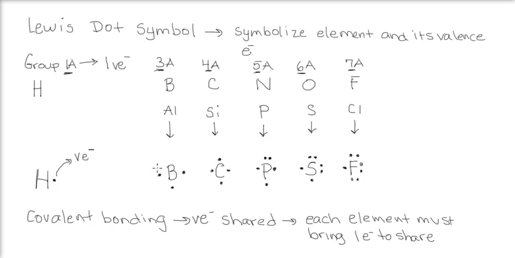So for boron, which has 3 electrons, which are all individual, none of these exist as a pair, boron can make 3 covalent bonds. Carbon can make 4 covalent bonds, as we saw. Phosphorus and nitrogen can only make 3.